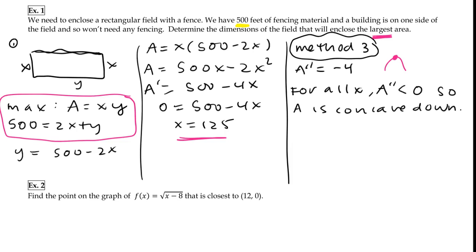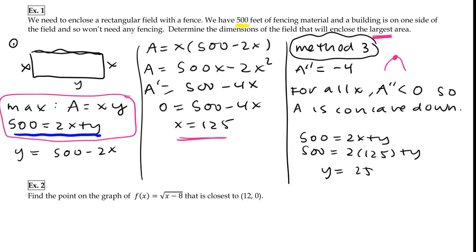But they didn't ask for just x, they said find the dimensions. So now you're going to go back over here to your secondary. The reason I'm using secondary is because it relates x and y. So to be able to do this, we have to find out what y is. So we're going to have 500 equals 2x plus y, but 500 equals 2 times 125 plus y.